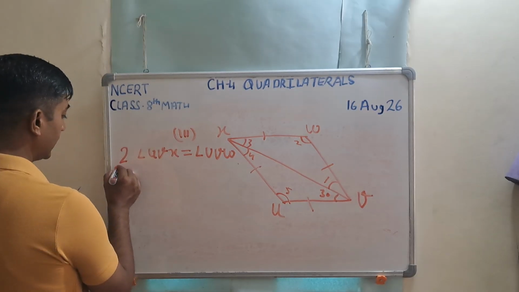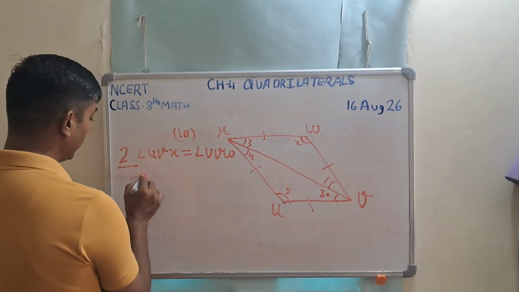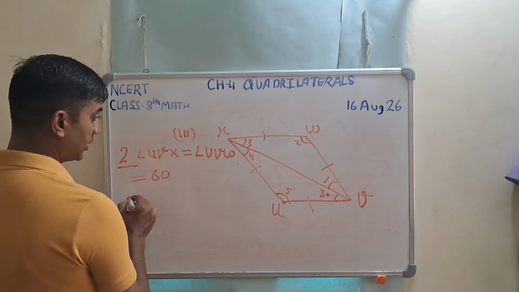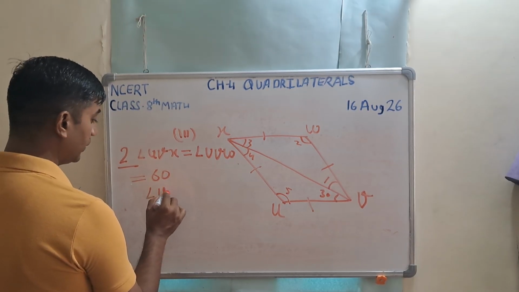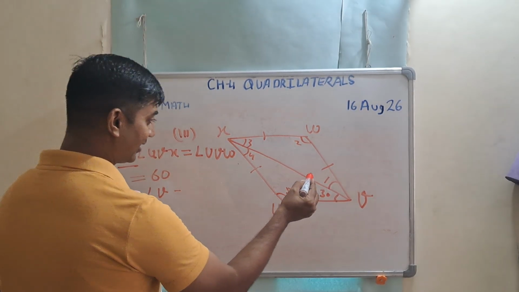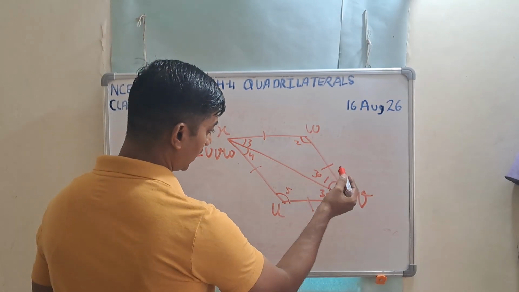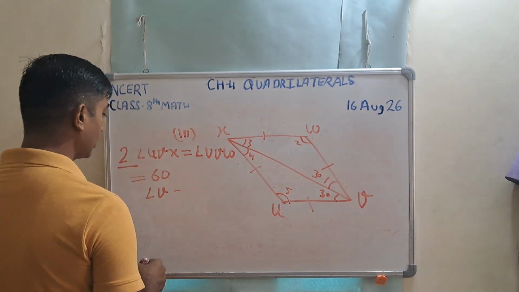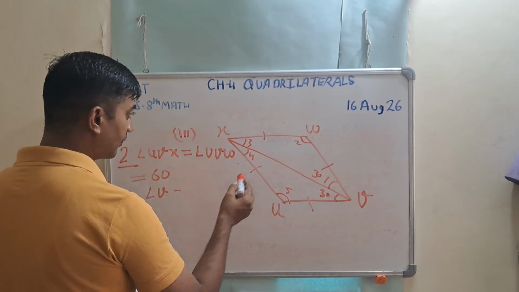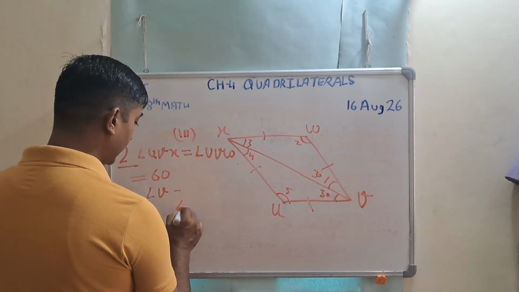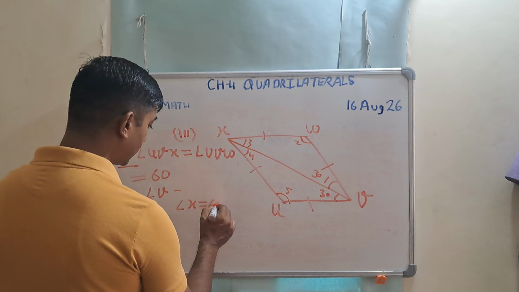So we take twice, and the value is 60. Understood? So actually this angle is 30, that we have found, and the total angle is 60, and this complete angle, 3 plus 4, is also 60, means angle X is also 60.